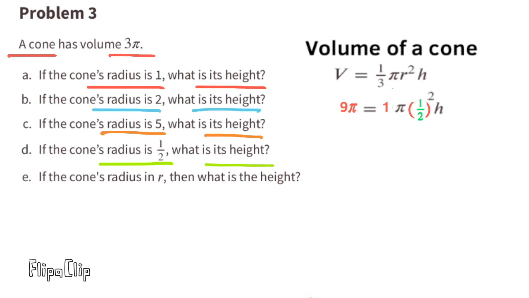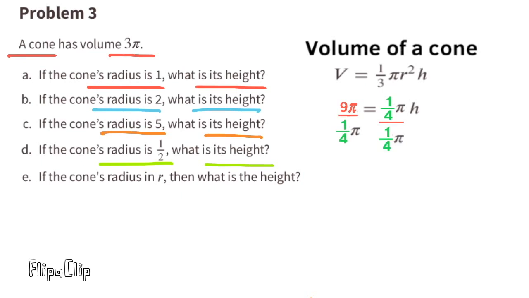So now the equation reads 9 pi equals pi times 1/2 squared times height. 1/2 squared is 1/2 times 1/2, or 1/4. So the equation reads 9 pi equals 1/4 pi times h.